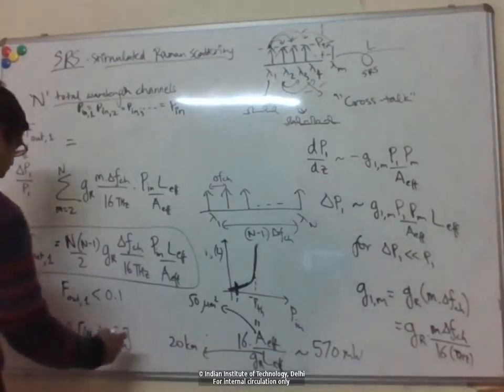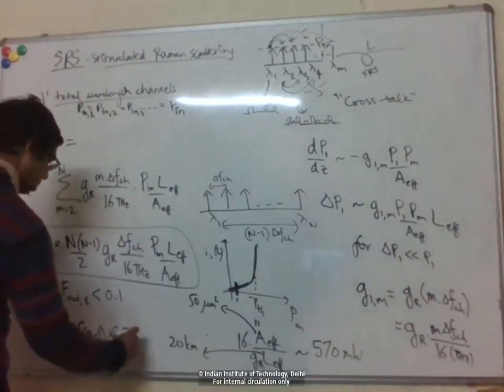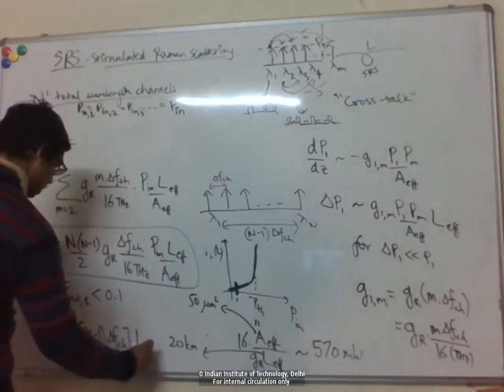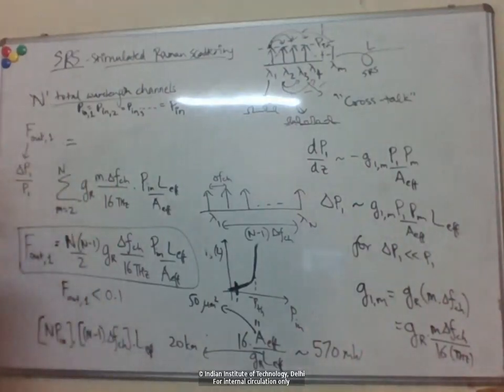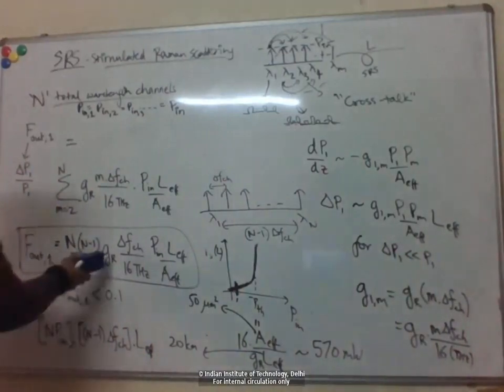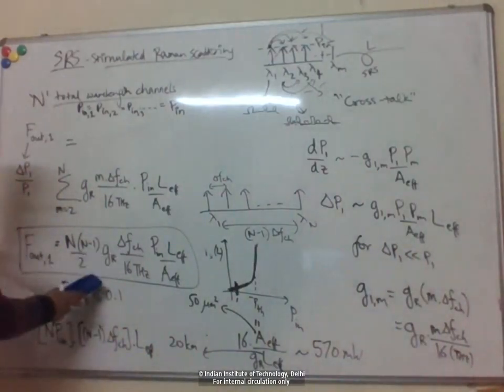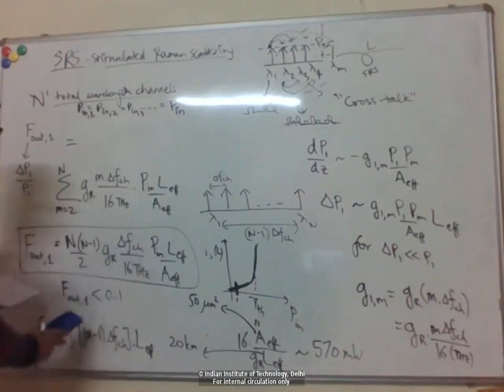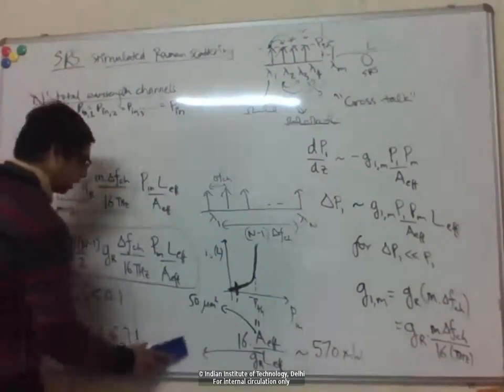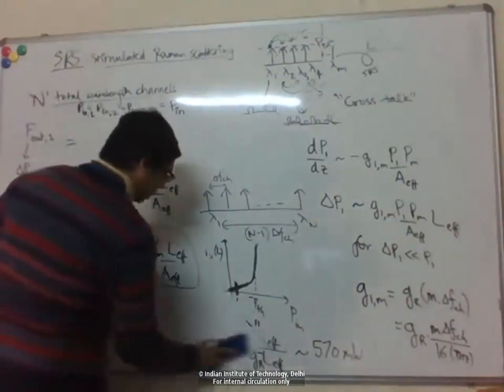Okay, times L effective here. And then these are constant, right? So G_R we know is 7 times 10 to the minus 14. The 60 terahertz is a constant number. So all those constants we club together and we get a number.